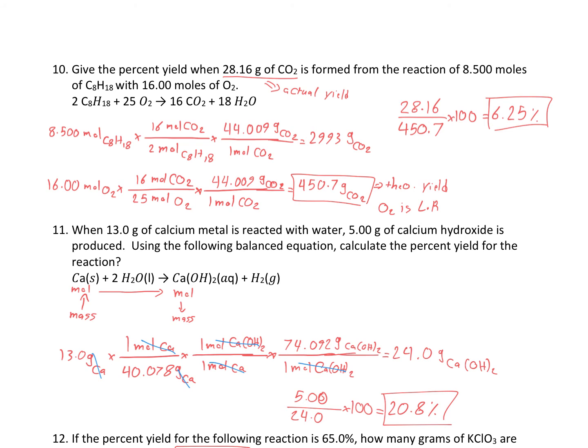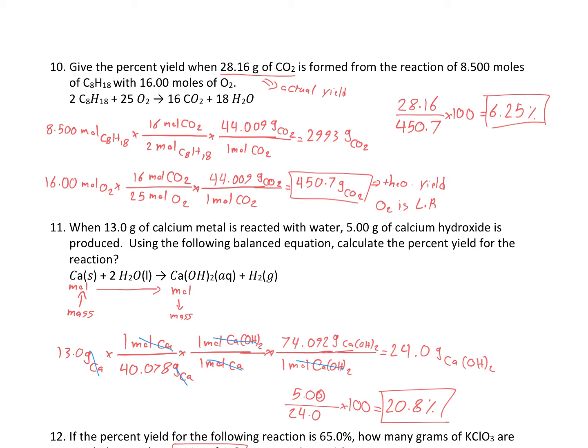Okay, so in this question, it's asking for the percent yield when this amount of CO2 is formed. So you have the mass of the product in the question, and that is definitely the actual yield, formed from the reaction of 8.5 moles of C8H18 and 16 moles of O2.